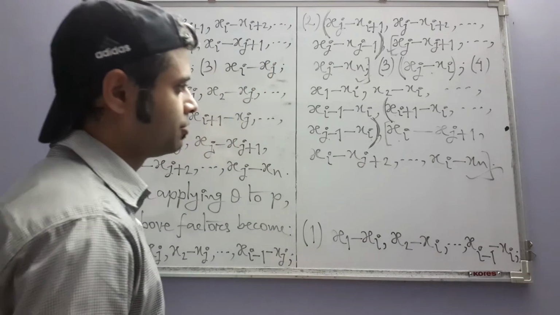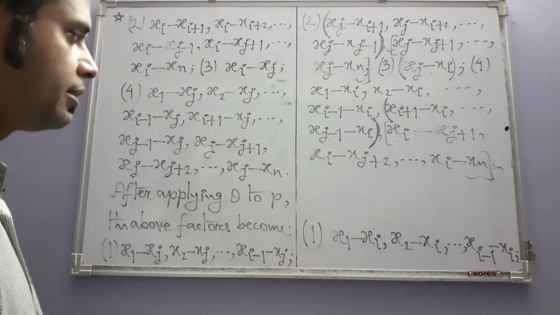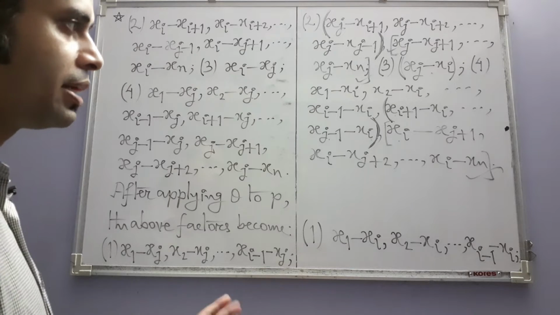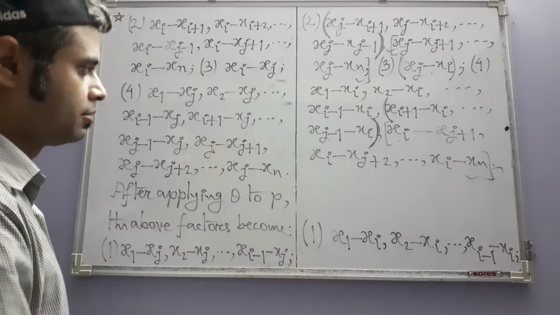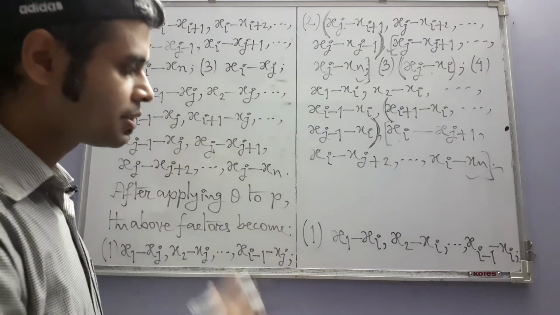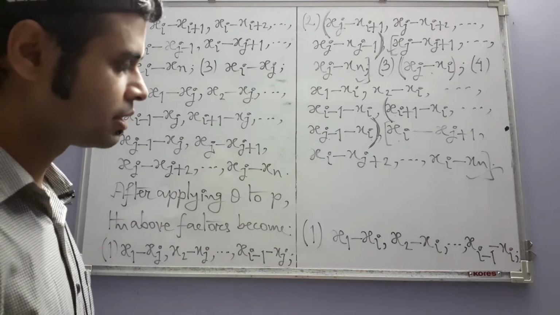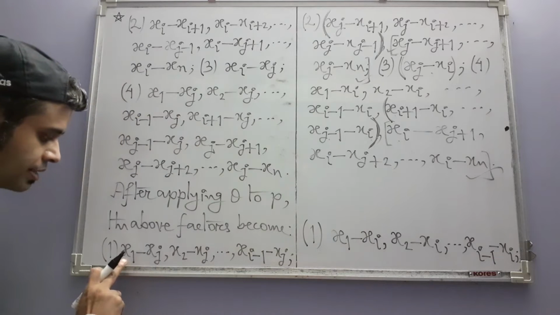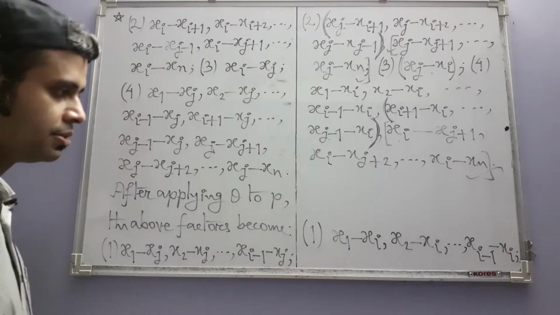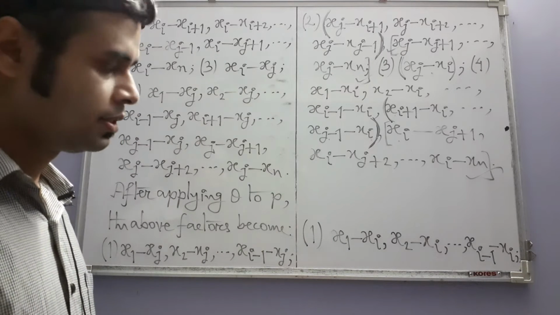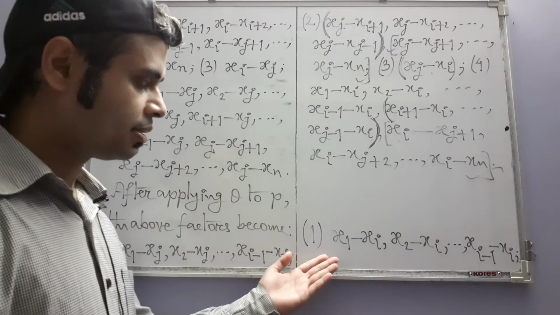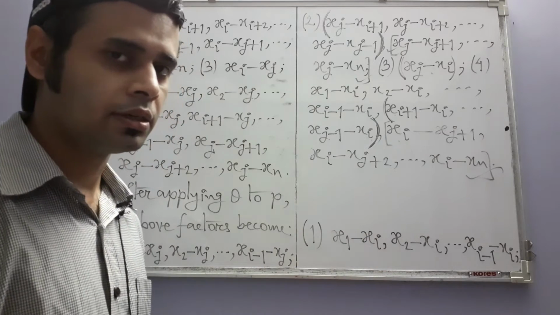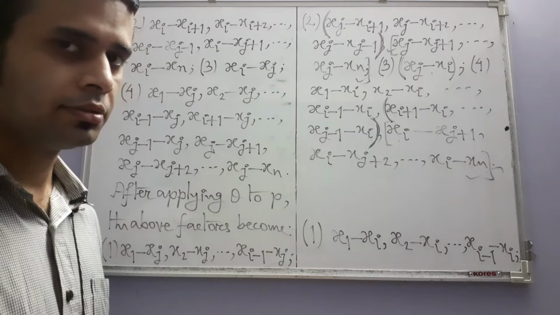And there is one more thing. You may be thinking that, okay, plus and minus are fine, but factors themselves are getting changed. No. For example, this x1 minus xi now has become x1 minus xj. But does it not mean that we have lost one factor, x1 minus xi?